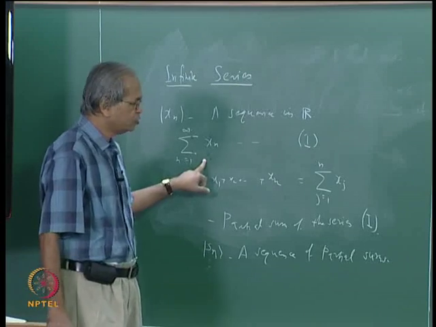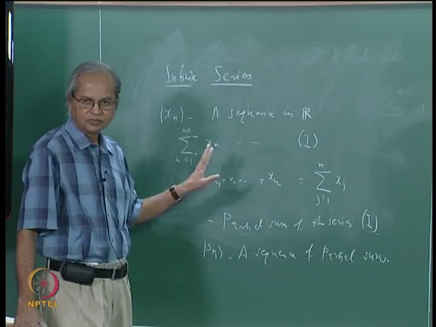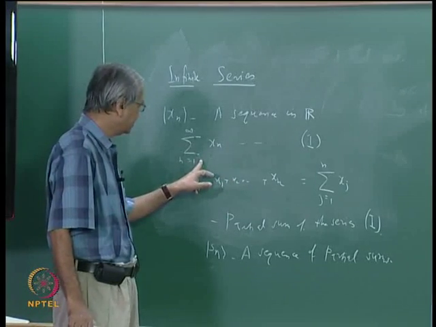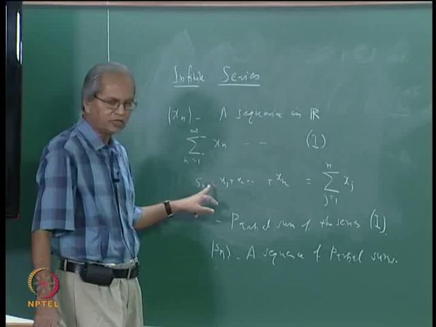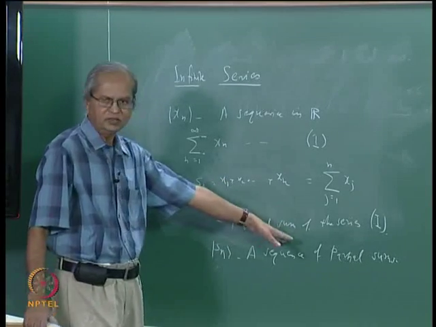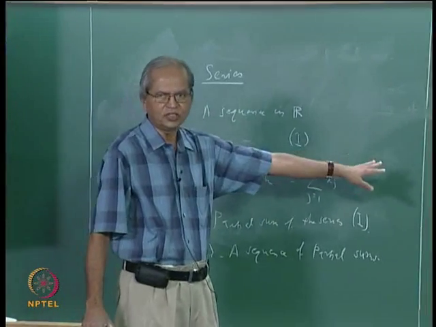It does not matter does not mean that the sum will not change. The sum will change. If you start from x0 plus x1 instead of x1 plus x2, that x naught gets added to each of these Sn, so the sum will become the original sum plus x naught.